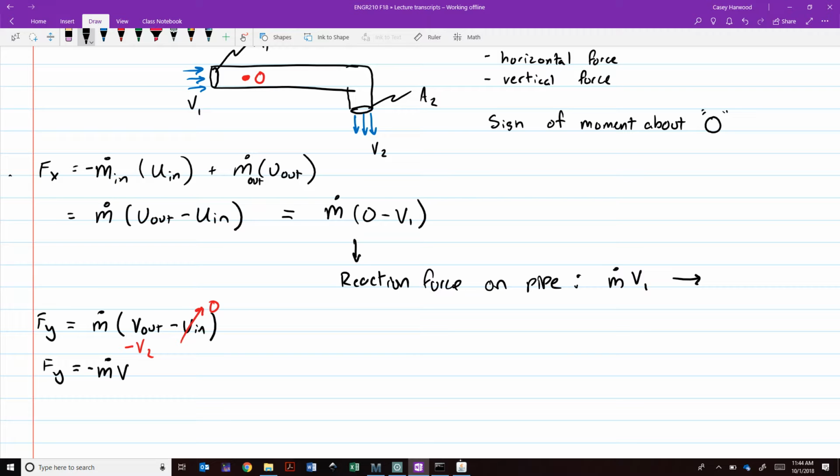So F in y equals negative m dot v2. Once again, this implies the force on the water flowing through the pipe is directed downward. That's what causes it to turn that corner. This is a thought process you want to become comfortable with: these forces are the sum of the forces on the system, not necessarily on whatever you're drawing a picture of. So the reaction force on the pipe from the water as it goes through that turn ends up being m dot v2 directed upward.